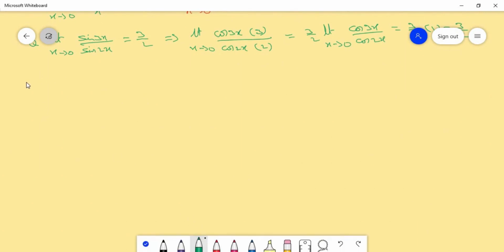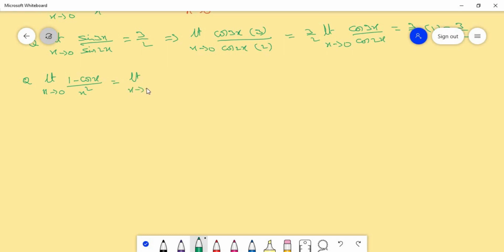Next one is limit x tends to 0, (1 minus cos x) by x square. Then here also check it. In the place of x apply 0, 0 by 0 form we get. Then what to do here? Do L'Hospital rule.